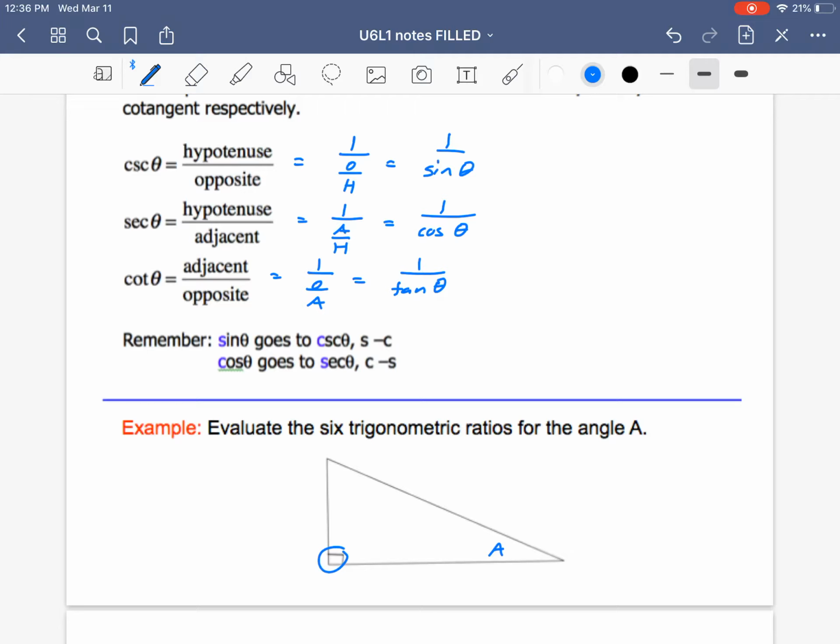Got my 90 degree angle, and let's call these sides 2, 7, and B. So we've got an angle and 3 side lengths. The question is, find the 6 trig ratios for that angle. I'm going to stop again, let you work through this, see what you get, and when you're ready to go, keep viewing the video.